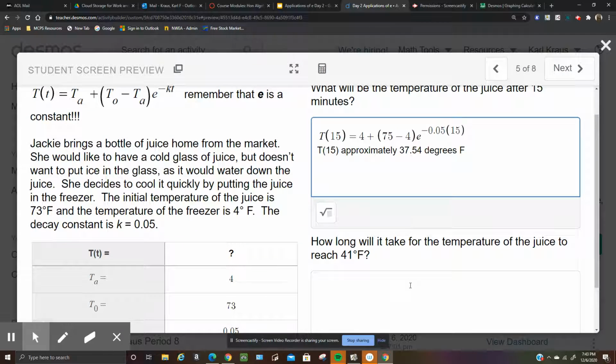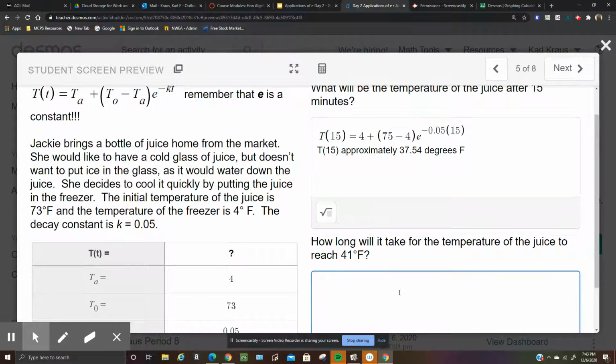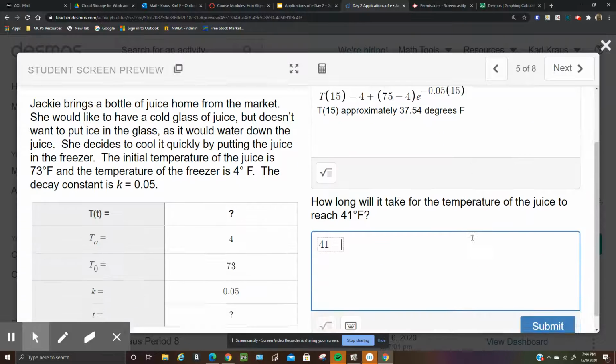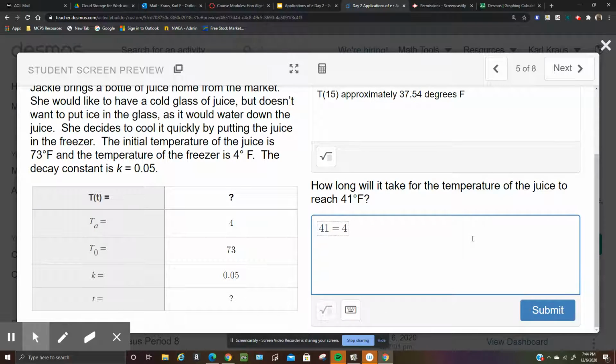How long would it take the temperature to reach 41? In this problem, we know what T of t is. The final temperature is 41. Ambient temperature is 4. Initial temperature is 73.